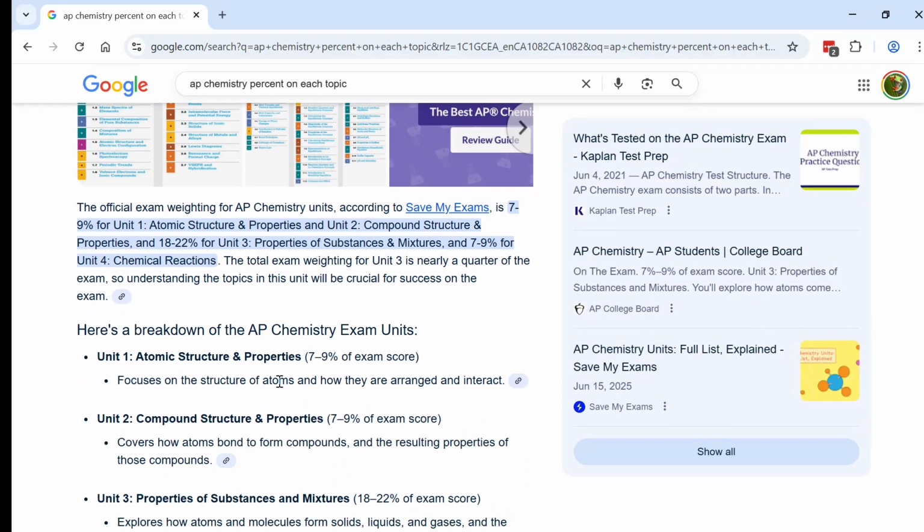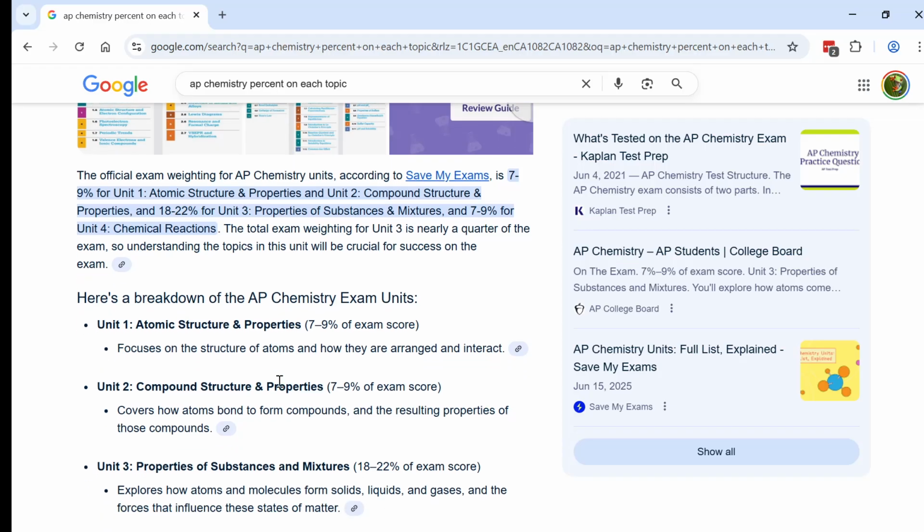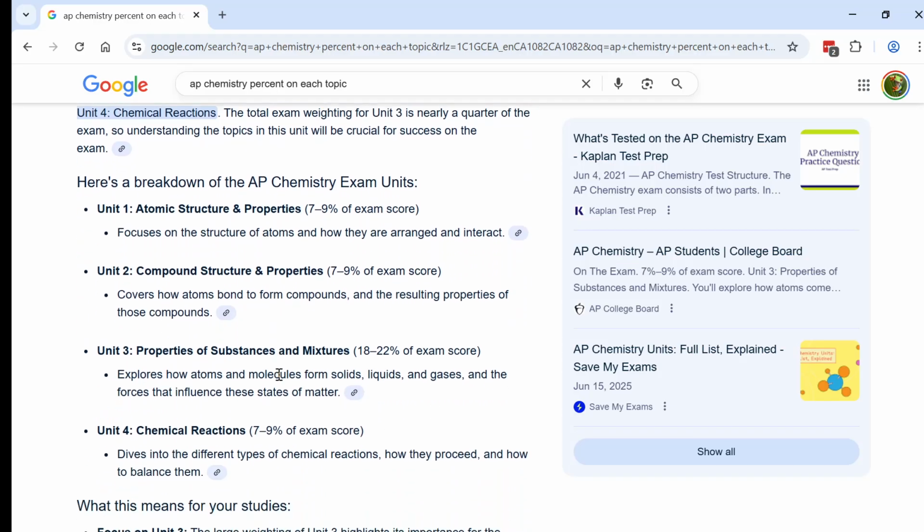Breakdown of the AP exam: atomic structure and properties, 7 to 9% of the exam. Compound structure and properties, 7 to 9% of the exam. That's like bonding, and those resulting properties. Properties of substances and mixtures, how they form solids, liquids, and gases, and how the forces that influence those states of matter, 18 to 22%.